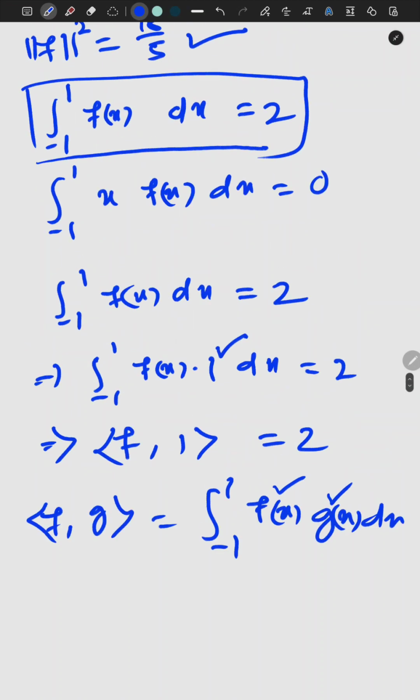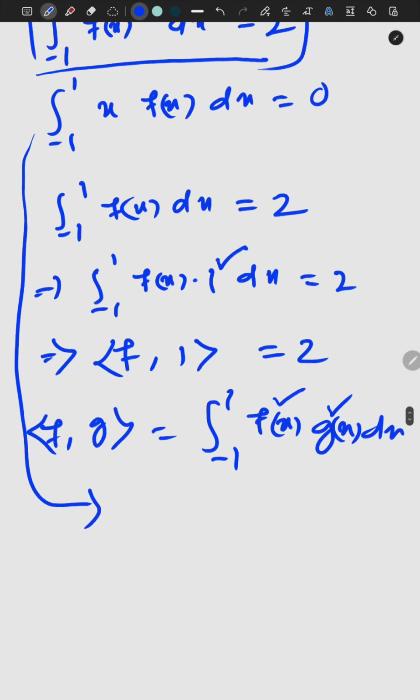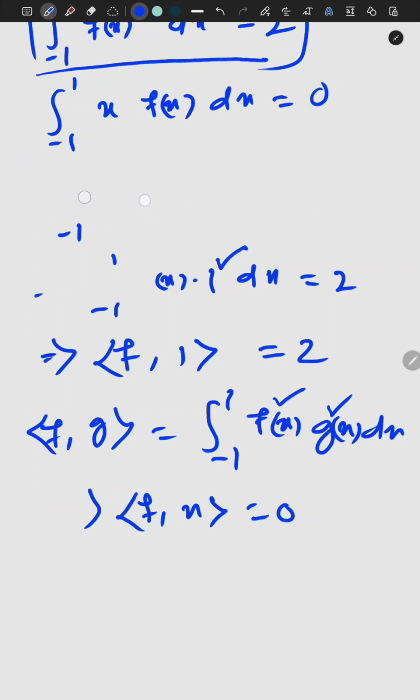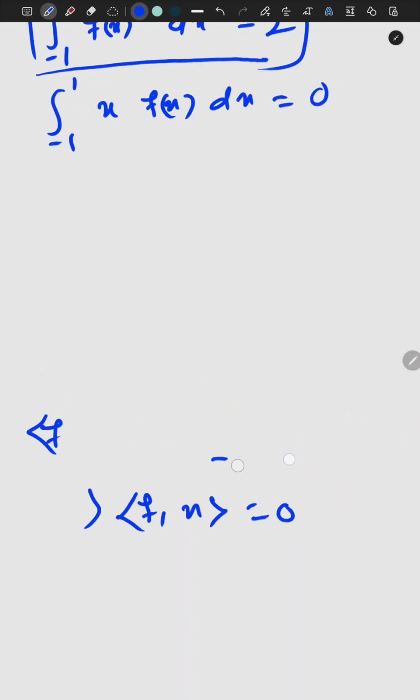So if we write the second condition in this way, then it gives the inner product of f and x equal to 0, okay. So if we write these things in a simple way, let me erase these things. I hope that you understood it.